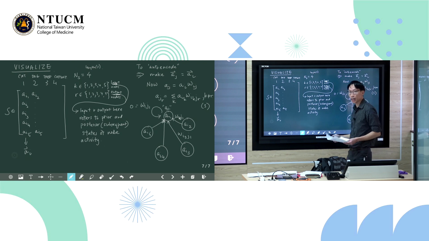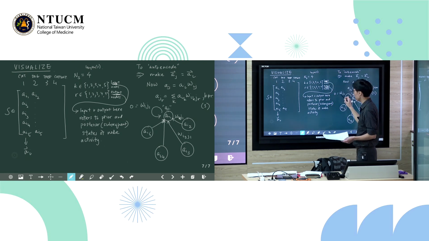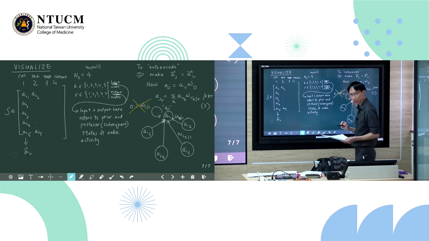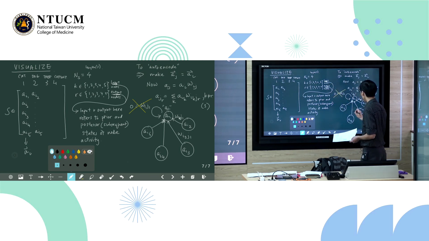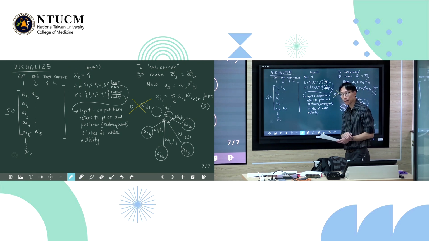Because when k is equal to r, there is no such connection. So I don't need to draw this, all right? I can just cancel this. This does not exist, okay? And then if I fill this all up, this is how I will visualize it. Okay, this is one instance. If I make AI the central node of focus right now.